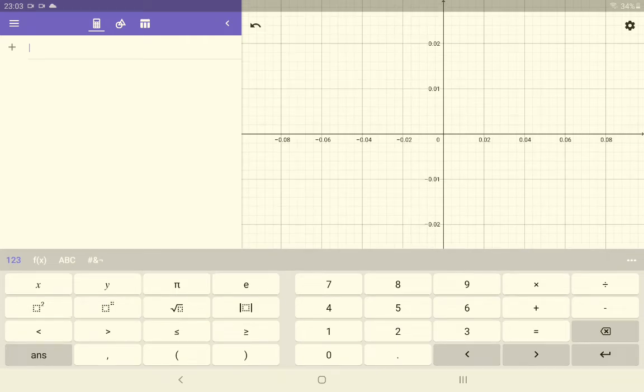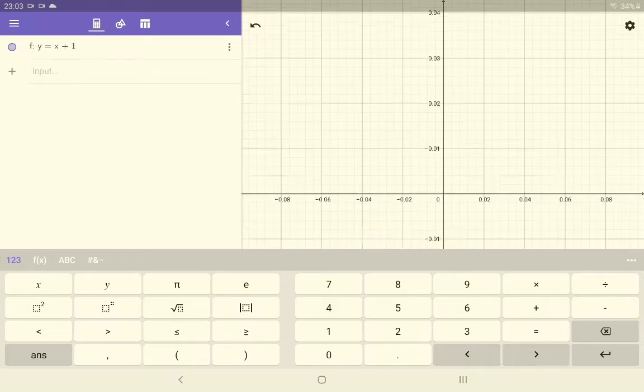Suppose I have y in the form of x plus 1. What is meant by a linear function? A linear function is nothing but ax plus b, where a and b are constants. So if I am taking x plus 1 here, then this is my linear function. And let us see the graph for this, how it works.